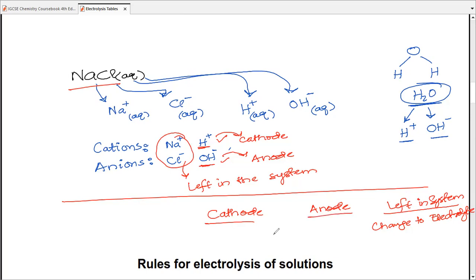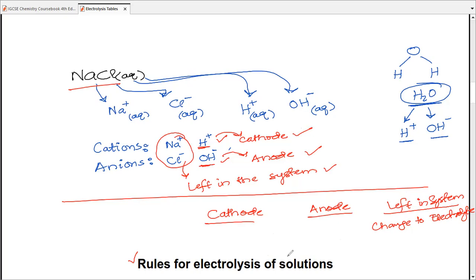So what I'm gonna do in this is that I'm going to go for the rules of electrolysis for solutions. We're going to separately study the rules for cations, the rules for anions, so what would happen at the anode, and lastly, we'll study what would be left in the system.